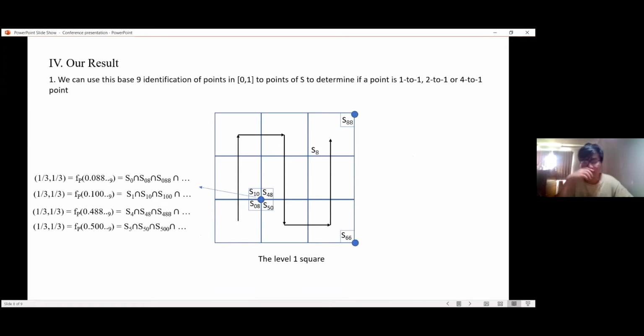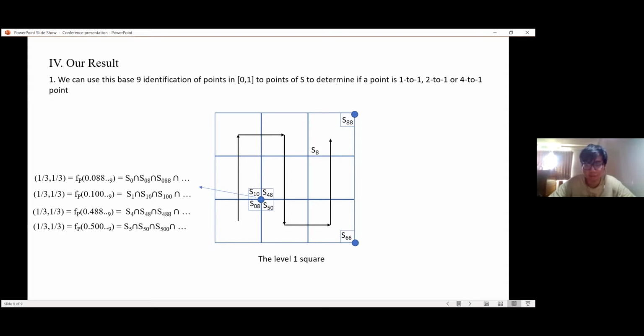But I would do the second one and say then since it's in the S10 square, it's equal to S1 intersect S10 intersect S100 because that's the initial point of that square. So it's also equal to f sub p of 0.1000, etc. But now I would say that those two domain points are the same, just different notation for the same point.